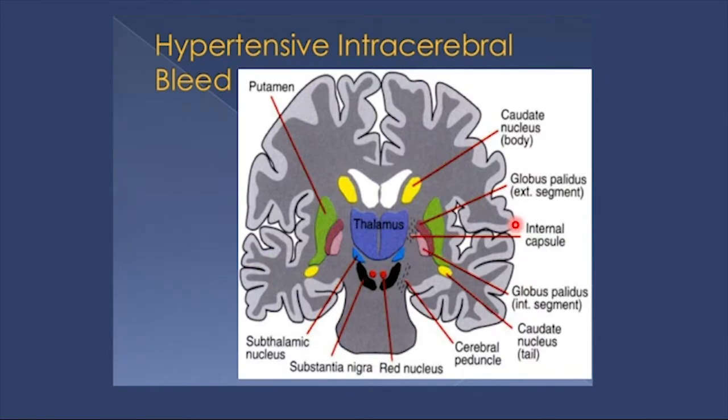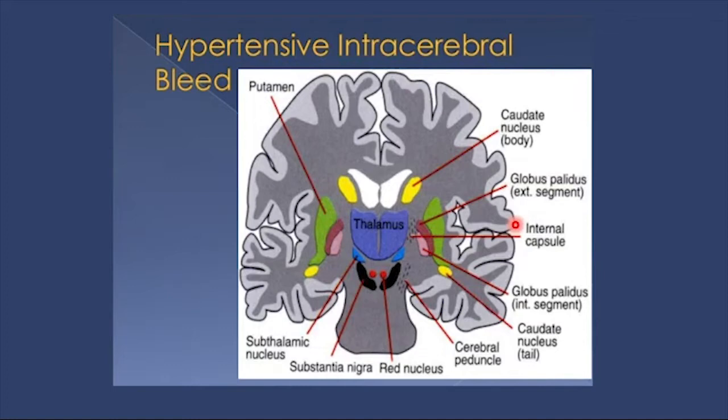Hypertension has locations which suggest hypertensive intracerebral bleeds, and they are highlighted there. The only part that's not highlighted there is the cerebellum. So from the putamen to the caudate nucleus, or the rest of the basal ganglia, to the cerebral peduncles, and then with the involvement as well of the cerebellum.